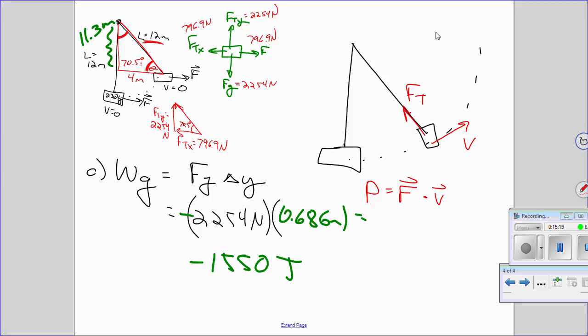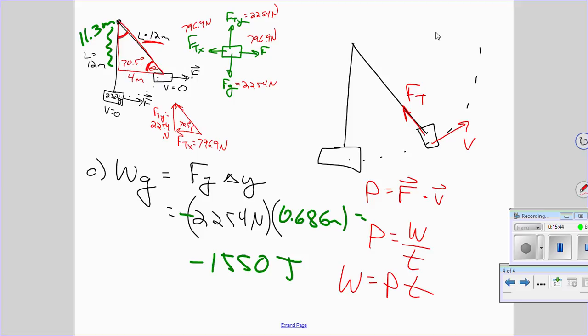What's the dot product of two things that are perpendicular? 0, right? So my power is always 0, right? Well, check it out. Power is work divided by time. Therefore, work is power times time. But my power is always 0. So the work is 0. All right?